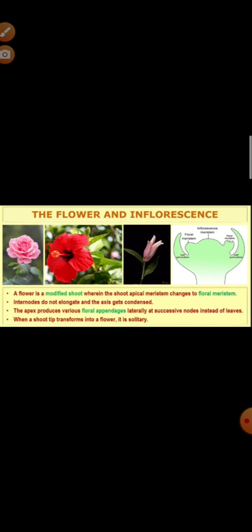And the apex will produce various floral appendages laterally at successive nodes instead of leaves. And when the shoot tip transforms into a flower, it is solitary. So basically, three types of inflorescence are found.